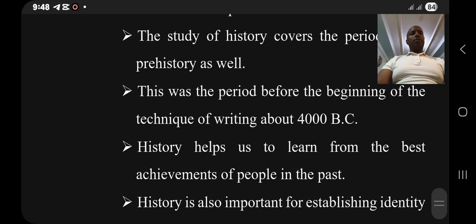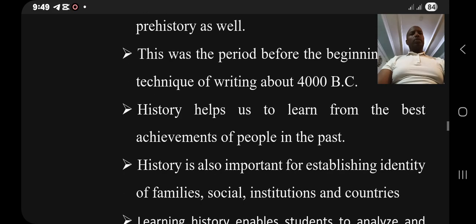History helps us to learn from the past achievements of people in the past. Dear learner, you must identify the importance of history as it was stated. History mostly helps us to learn from the best achievements of people in past situations.